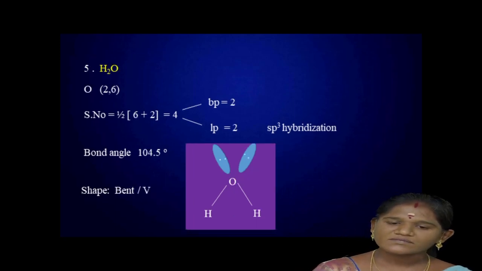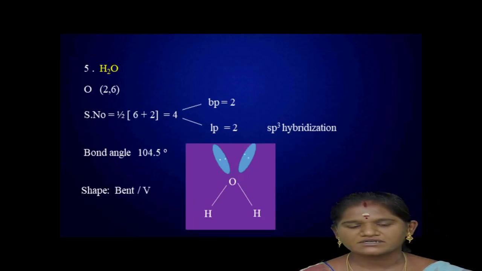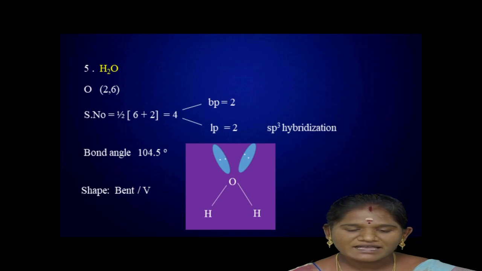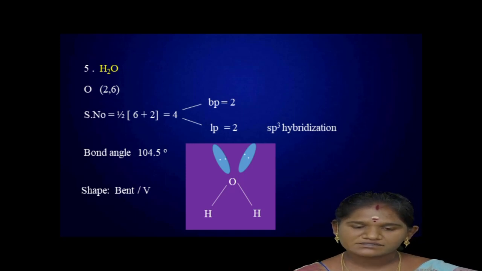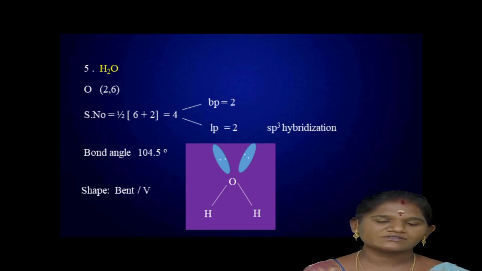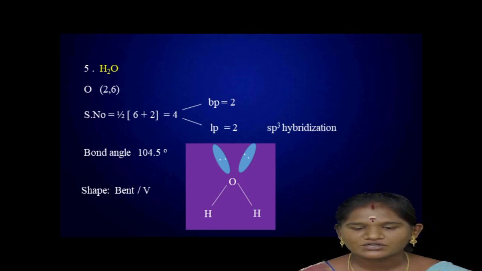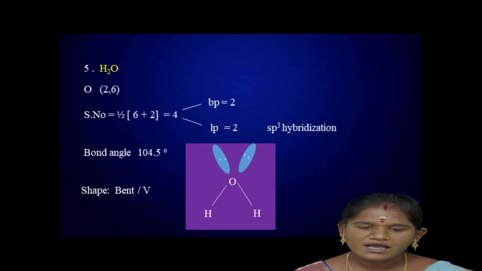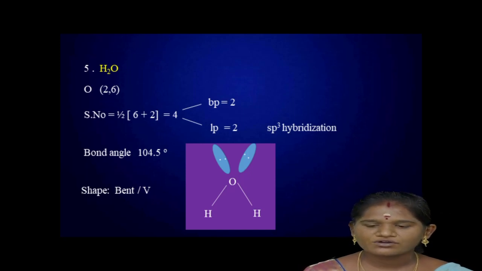Here the central atom is oxygen. Electronic configuration is 2, 6. Steric number is equal to half into valence electrons of oxygen, which is 6, plus 2 hydrogen atoms, so 6 plus 2. The steric number is equal to 4. Here there are 2 atoms attached to the oxygen, so the bonding pairs are 2.